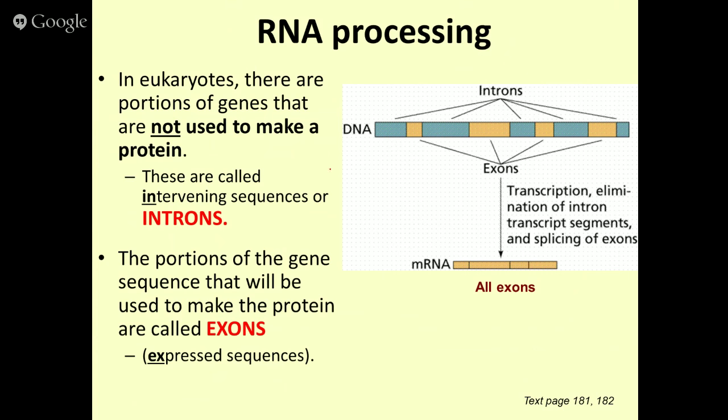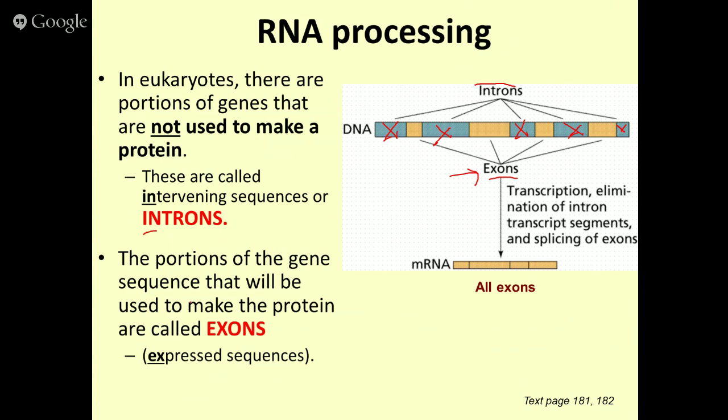So then, like I said, when you copy your DNA and you make your messenger RNA, you get pieces you need, which are called exons, and then you get pieces you don't need, which are called introns. So you want to splice out the introns, get rid of these sections that you don't need, so your final messenger RNA should only contain your exons, the expressed sequences. So the intervening sequences, the junk that we don't need, those are called introns.